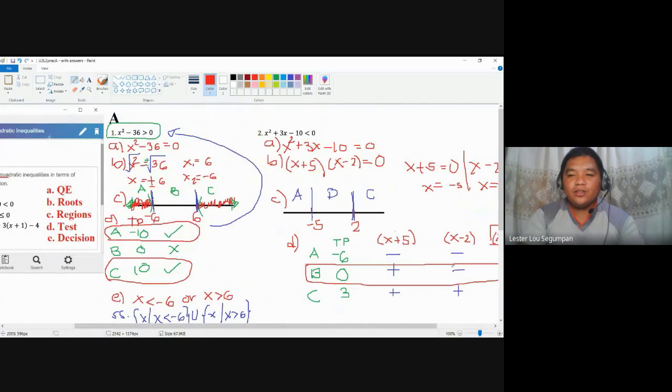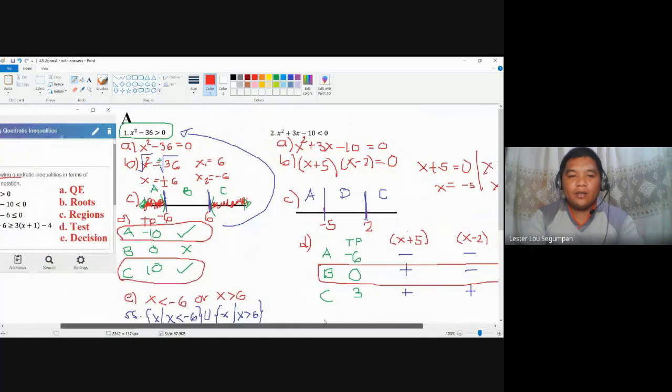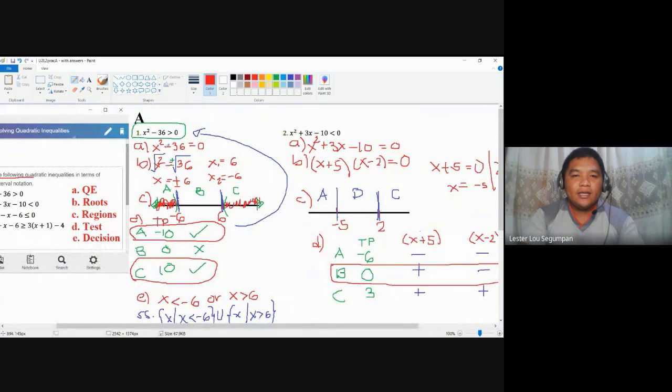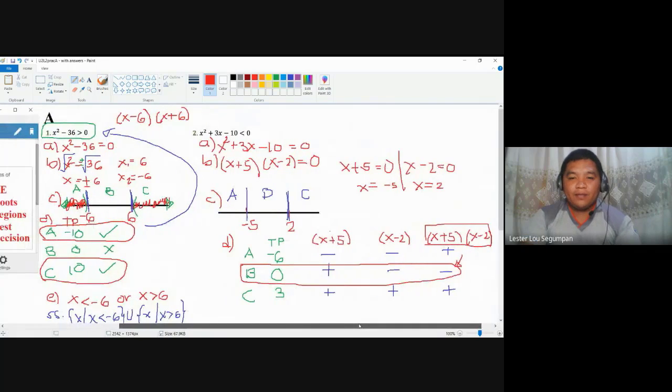I have presented two different methods because number one can be solved using the square roots method. But you could also use this form of testing in number one, because you could express the equation as x minus 6 times x plus 6. Earlier, we used the square roots method. You could always use factoring, and you could use this: x minus 6, x plus 6, and so on. What is different between the two?